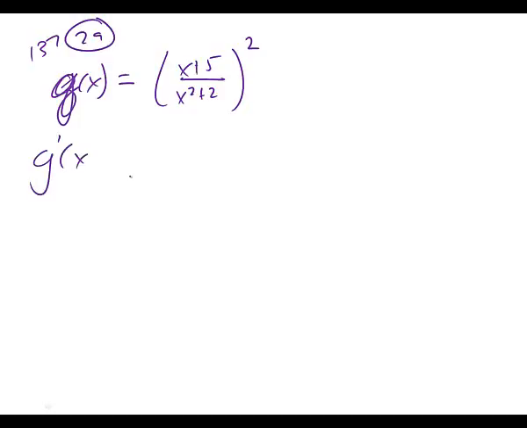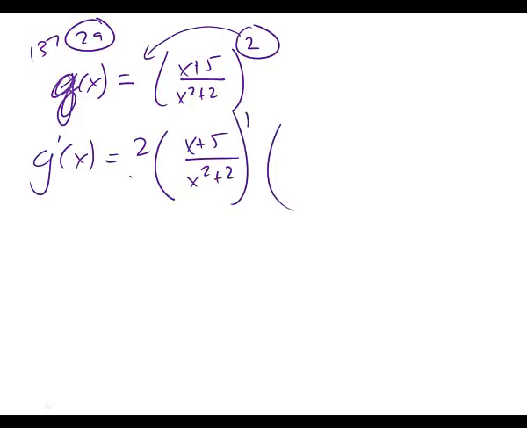We did this one when we went over homework, or in the notes somewhere. So the outermost function is the squared. I'm going to bring that to the front: 2 times x plus 5 over x squared plus 2 to the first. Then I've got to do the derivative of the inside, which is a quotient rule. So low d high, what's your low?